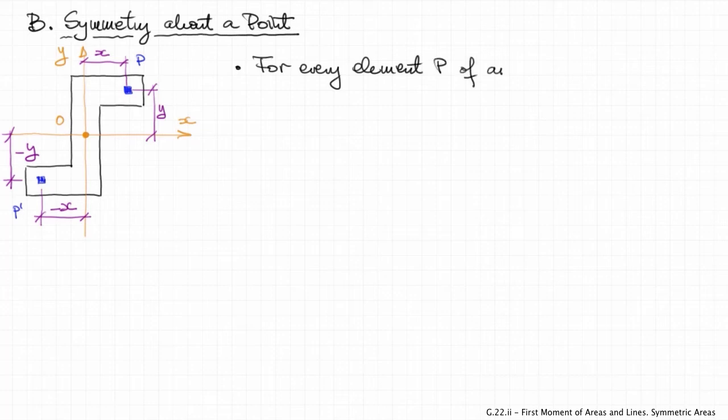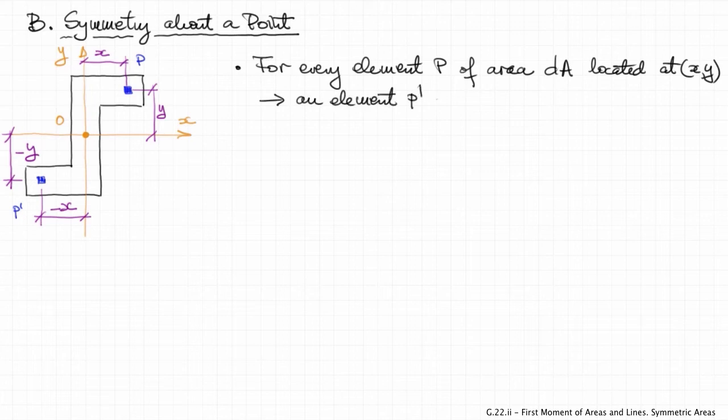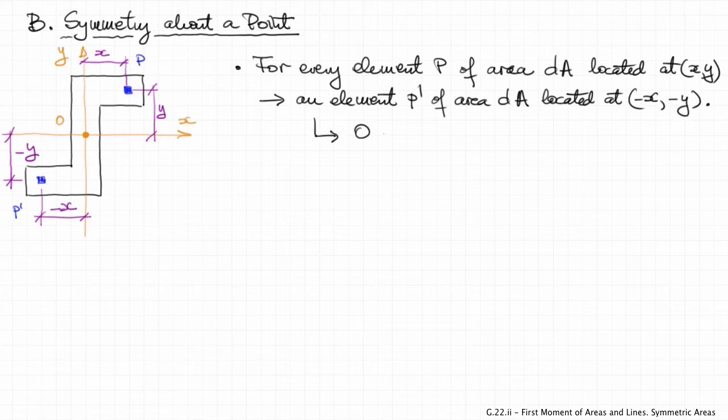Now, if for every element P having an area dA that is located at coordinates X and Y, there is an element P prime of a similar area dA located at coordinates negative X and negative Y, then if this condition is satisfied, O is a point of symmetry.